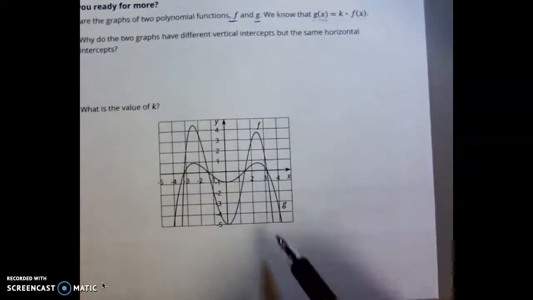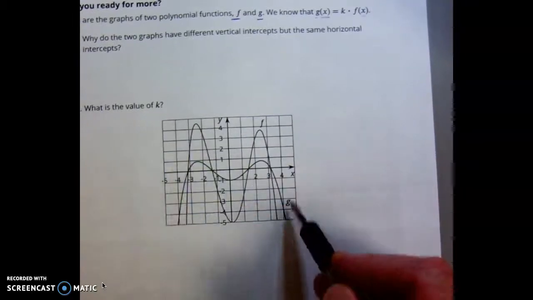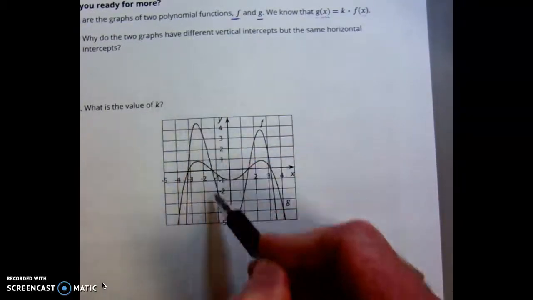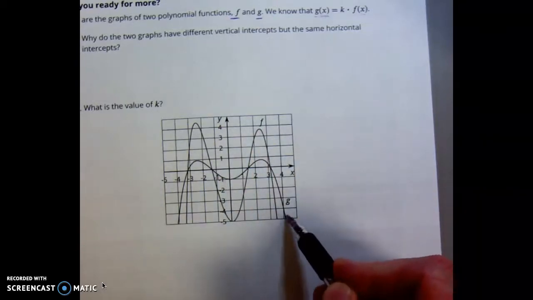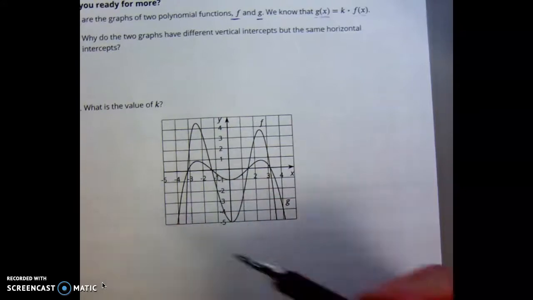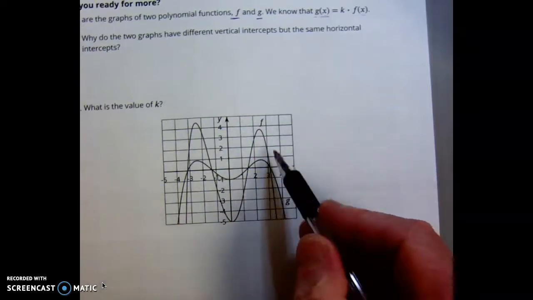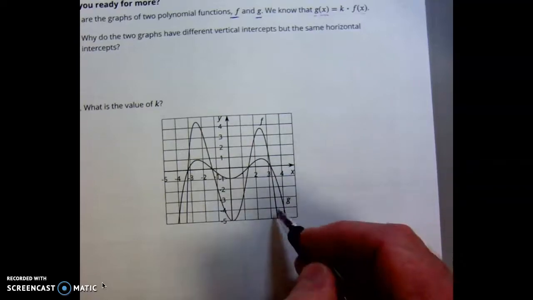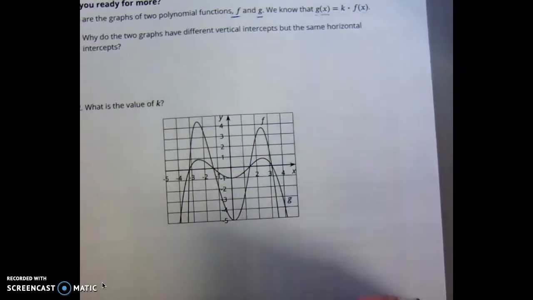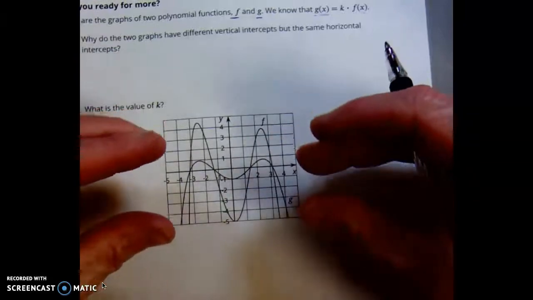Okay, so if I look at these two functions, function f is this big tall one. Function g is kind of this squatty one. So in this case, we would have taken function f and we would have multiplied it by something between 1 and 0. So by a fraction. Okay, that would squish it.